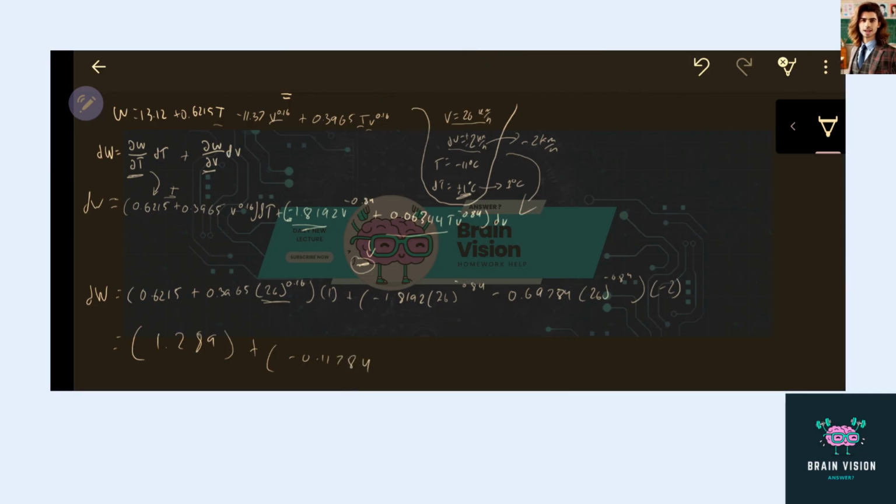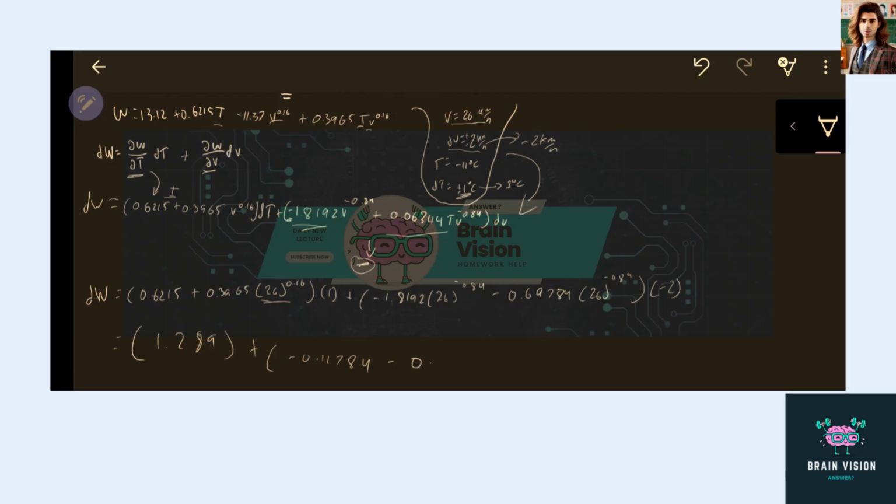And then you do that again, 26 to the power of negative 0.84, and you get the same thing, 0.064777, and you multiply this time by negative 0.69784, and you get negative 0.045.